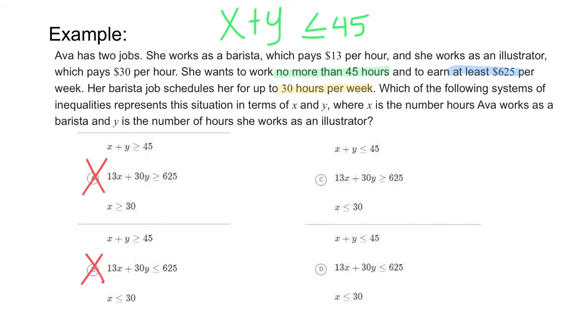So now we go on to our second thing that we know. She wants to earn at least $625 a week. Now, at least means that much or more. So, at least would be greater than or equal to 625.